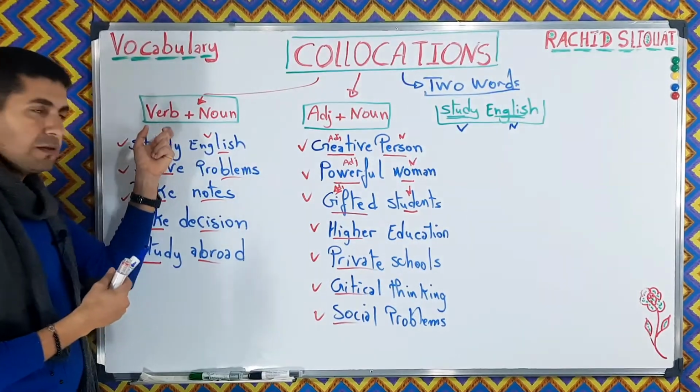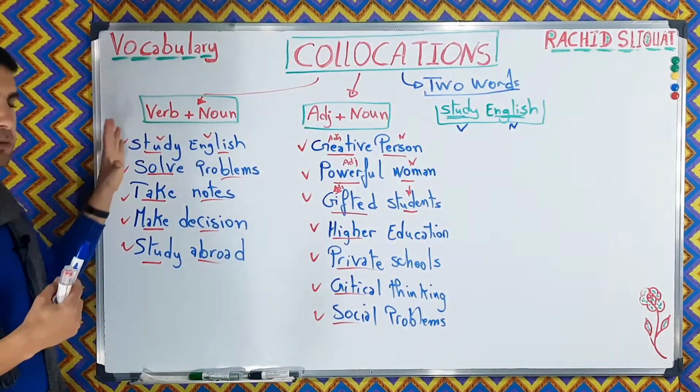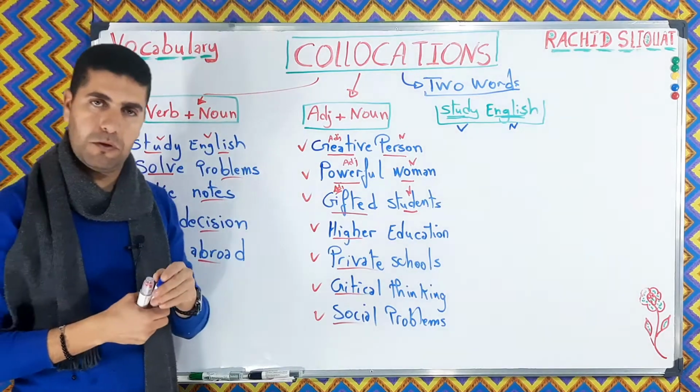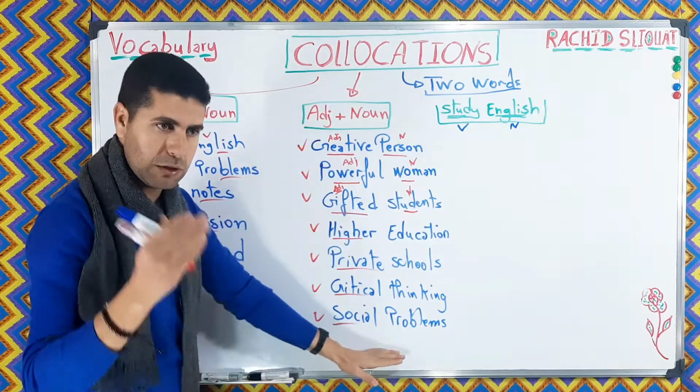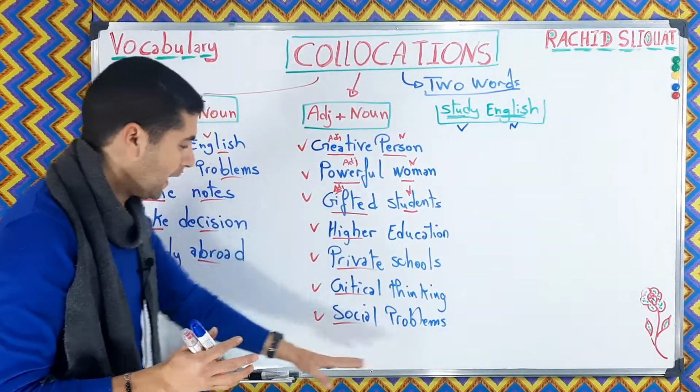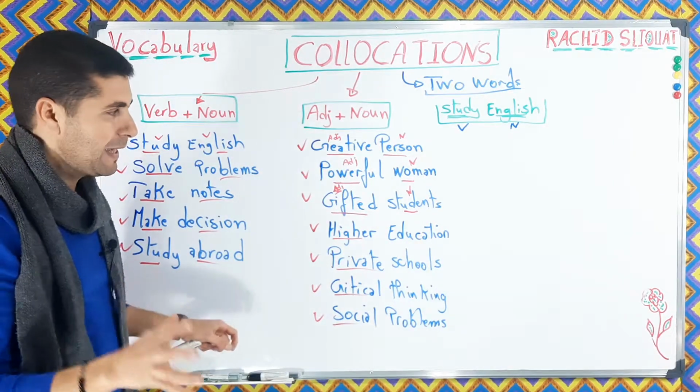Here again, this part, we have what? We have verb plus noun. So these are the two general types of collocations we have in English. So you can complete the list from your own. And here again, you can complete this list from your own. I've just given you some examples.